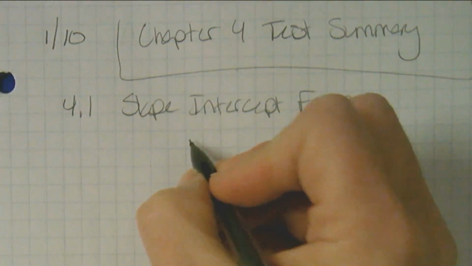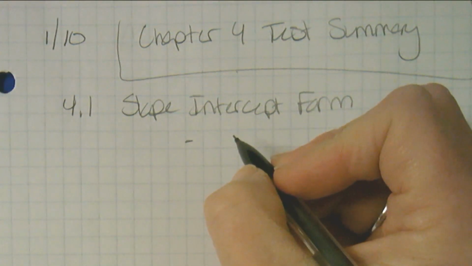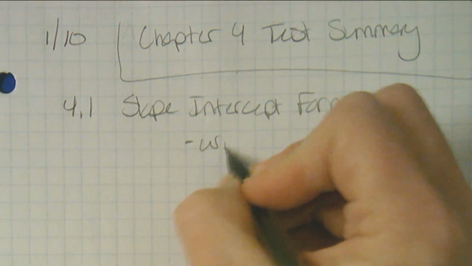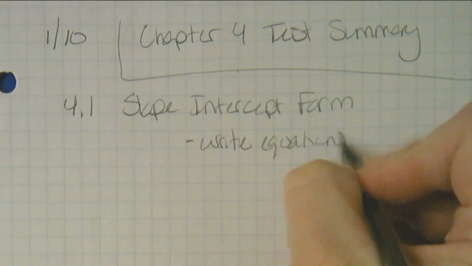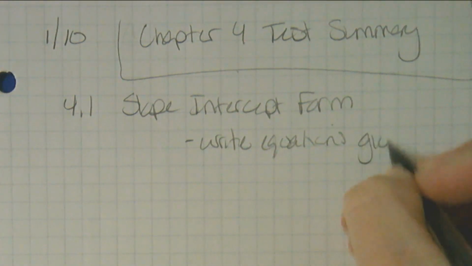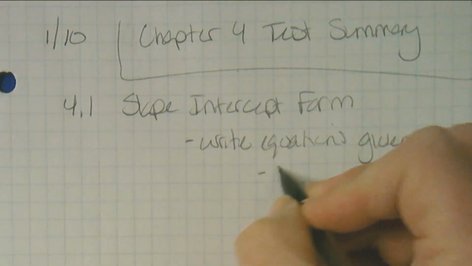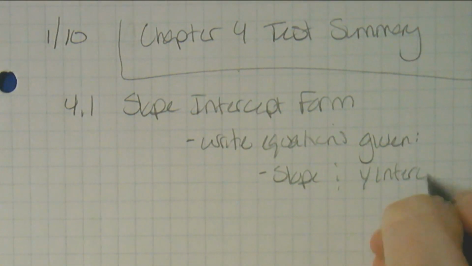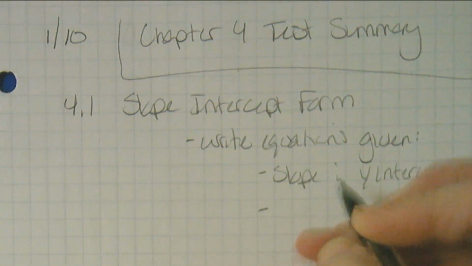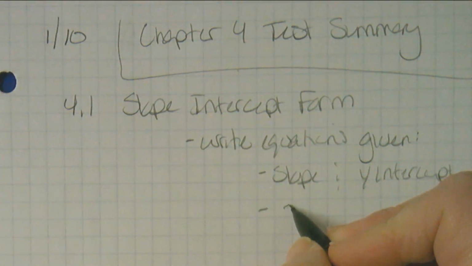All right, here we were writing equations. Given slope and y-intercept, 2 points.